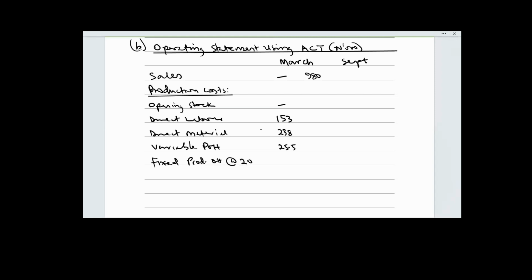That's your fixed overhead absorption rate. Therefore, in September, we produced 8,500 units. Therefore, 20 multiplied by 8,500 units. What do you get? 170.